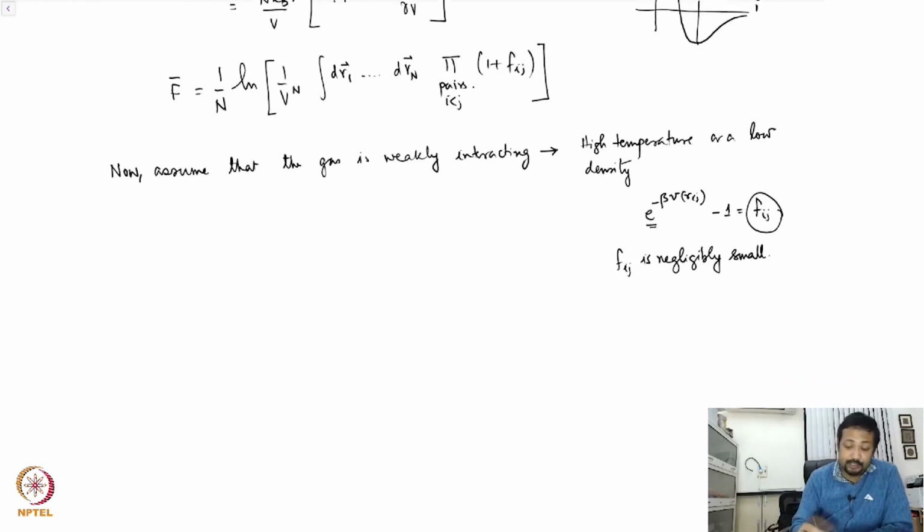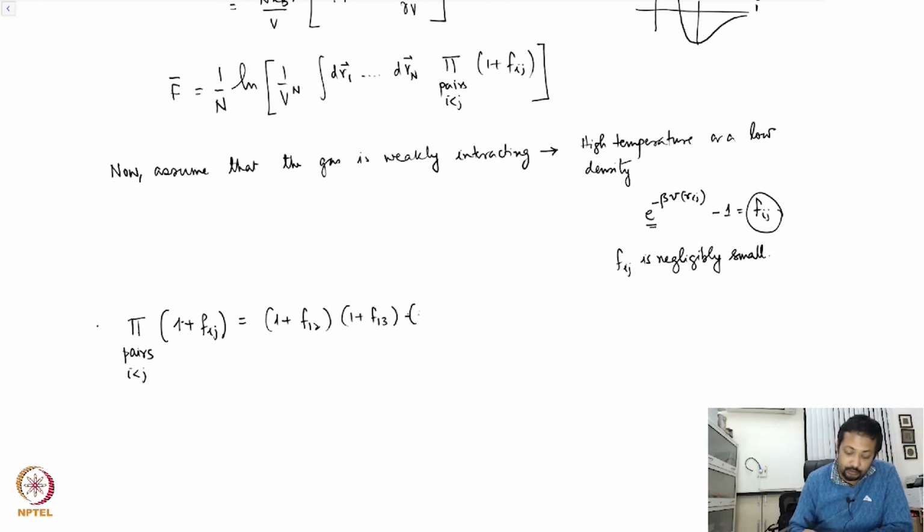Under such circumstances, we can write this product over pairs with i less than j of 1 plus fij. If I write explicitly 1 plus f12, 1 plus f13, 1 plus f14, and so on, and expand, the first term is going to be unity.